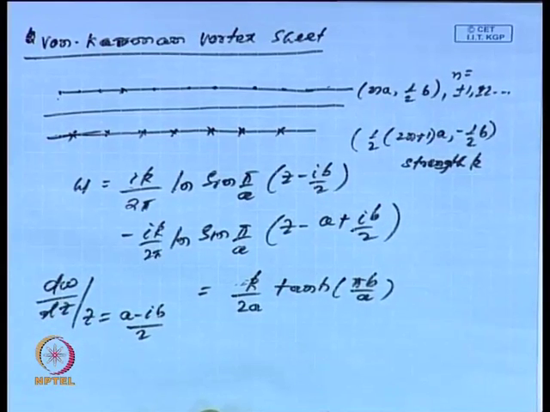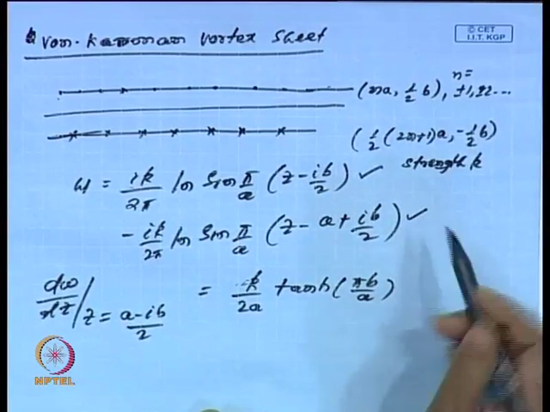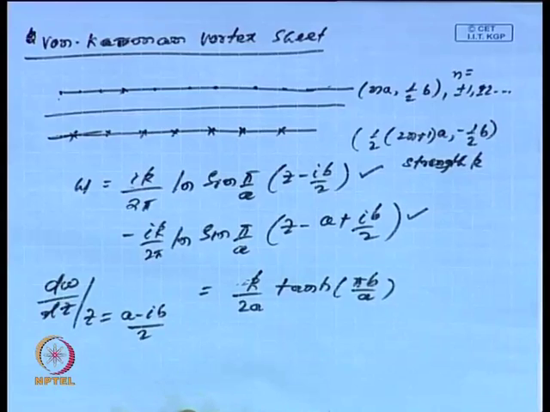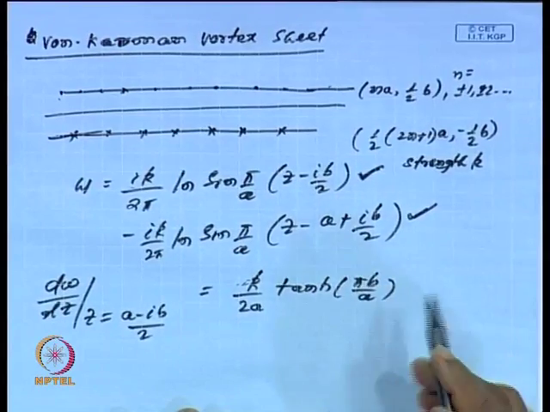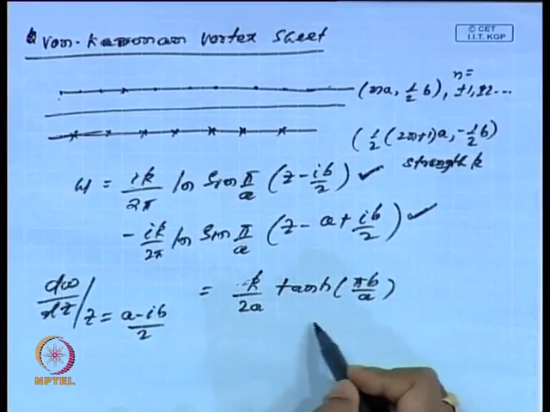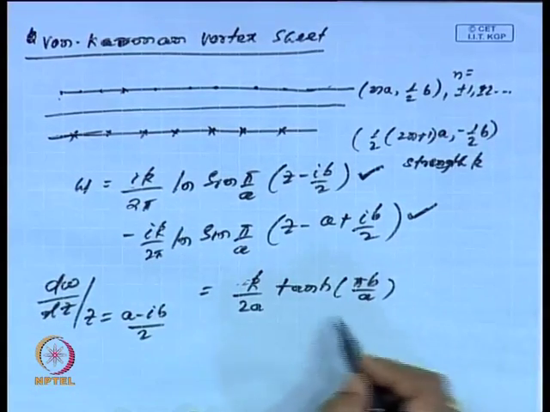Then I sum them up, and apply the product formula for the sine series, because I have a logarithmic term, and I will get these two sine functions. If I simplify this, then I will get k by something, and again I calculate what happens at z is equal to a minus i b by 2. So then I will get this.